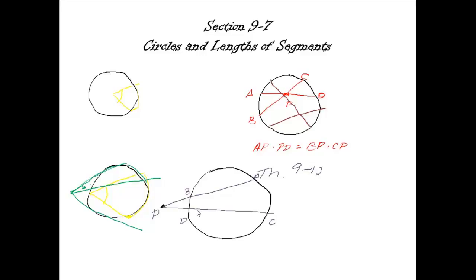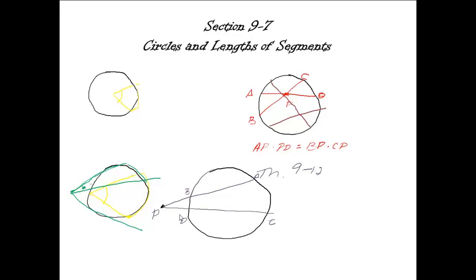So I'm generally reading it here: when we have two secant segments drawn from an external point, the product of one secant segment and its external segment equals the product of the other secant segment and its external segment.